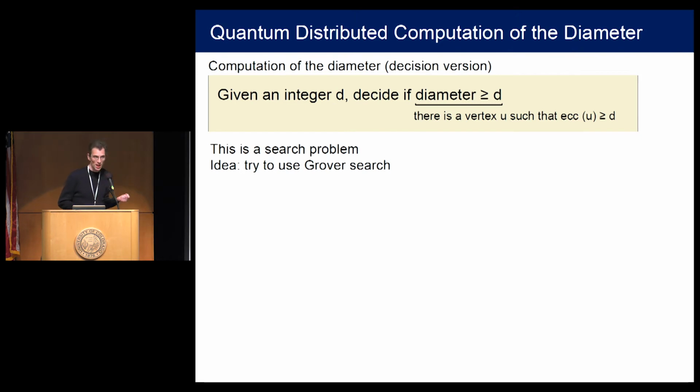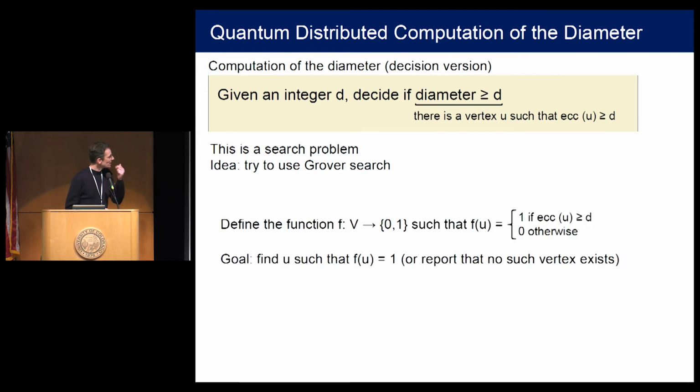Very simple idea. Let's write it as usual for Grover search. You define this function f on the set of vertices. f(u) is equal to 1 if and only if the eccentricity of u is larger than d. And then we want to find a vertex u such that f(u) is equal to 1, or report that no such vertex exists.